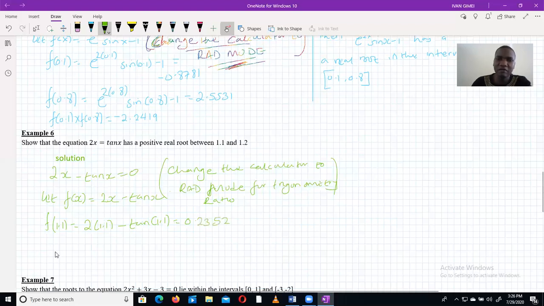Then f of 1.2 will be the same as 2 into 1.2 minus tangent of 1.2, which will give me negative 0.0405.